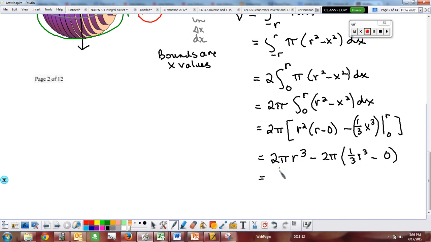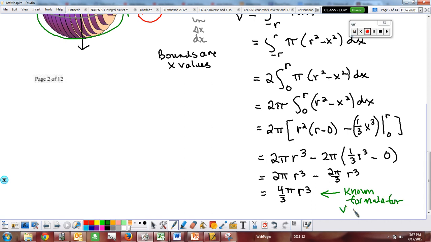We end up with 2 pi r cubed minus 2 pi over 3 r cubed, which is nothing more than combining like terms. That's 6 pi over 3 minus 2 pi over 3, 4 pi over 3, or 4/3 pi r cubed, which is our known formula for volume of a sphere that we just proved.